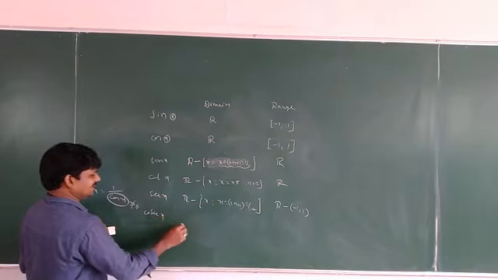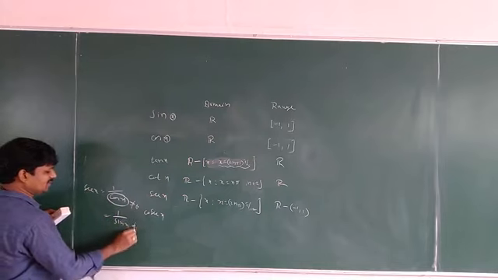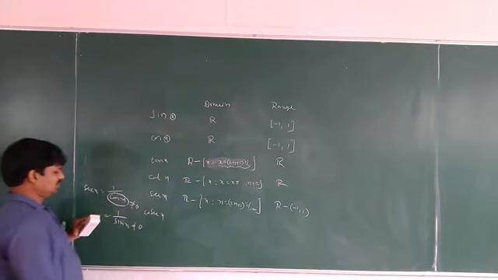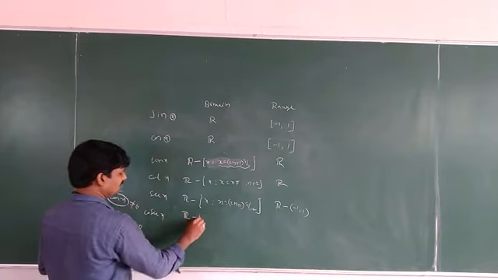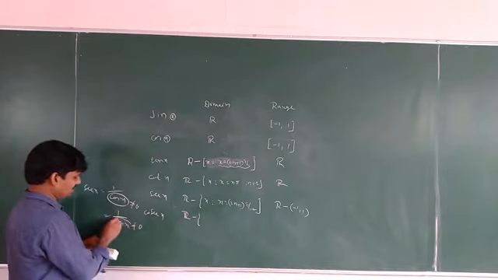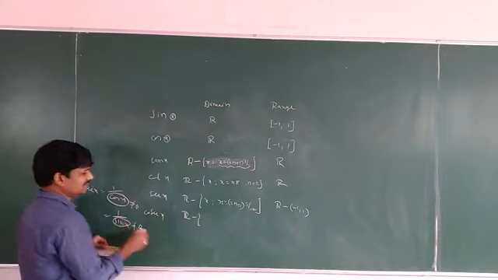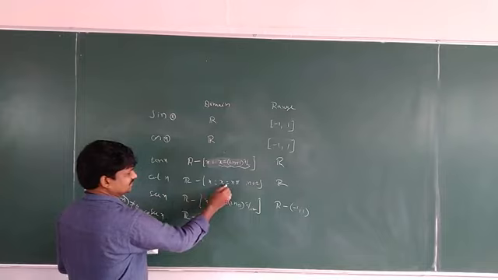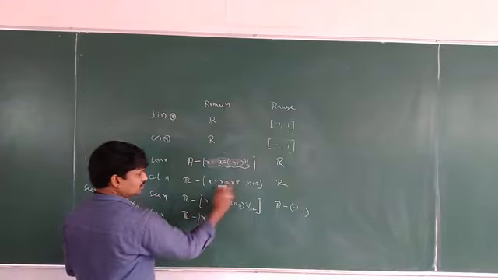And next, cosecant. Cosecant x means 1 by sin x. This value must be not equal to 0. Not equal to 0 means this also, R minus what we have to remove? Which x values are giving sin 0? Sin values for n pi only are zeros. That is why we have to remove this value.